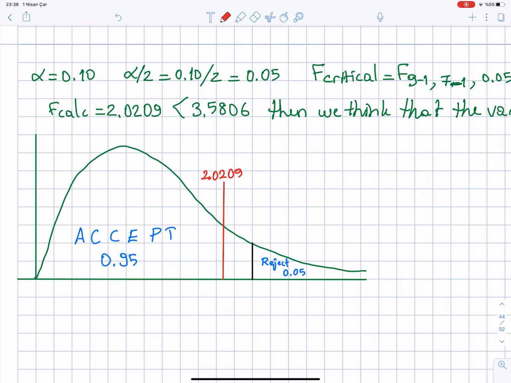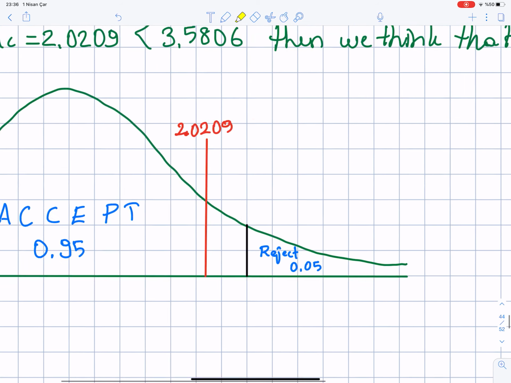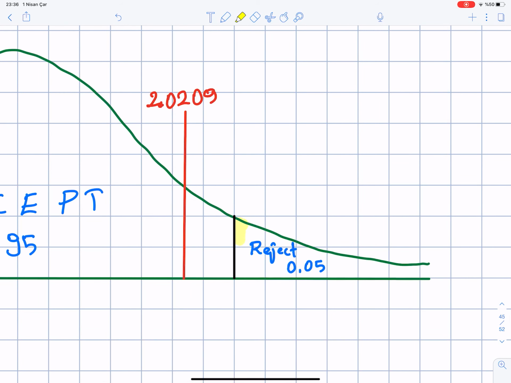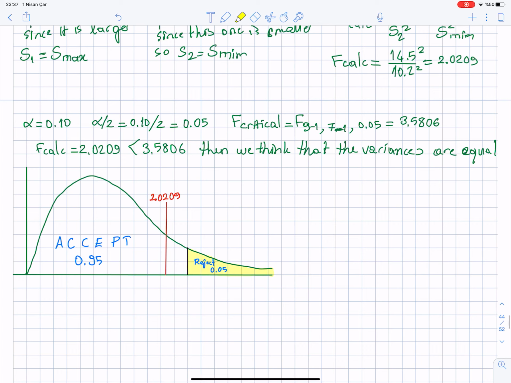So this is the rejection part. I'm going to highlight this for you. Right here, that's the rejection part. So it's simply falling within the accept region. You accept the null hypothesis, and the null hypothesis is a representation of the homogeneity.